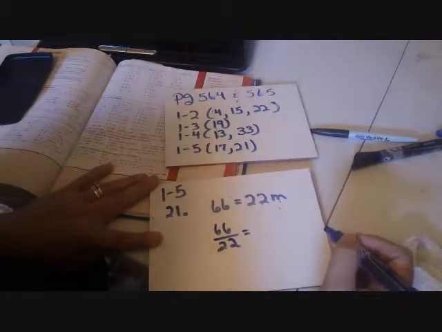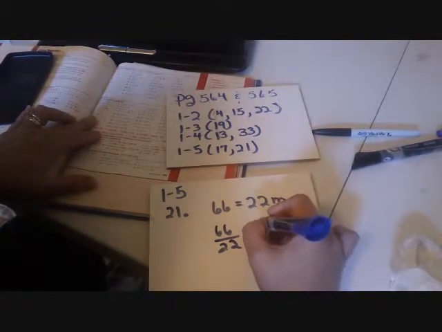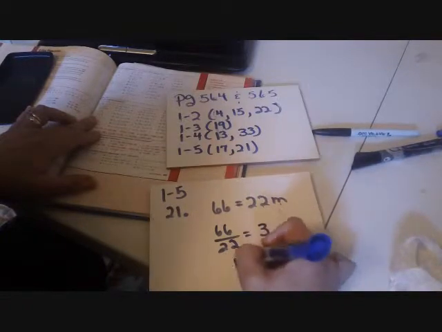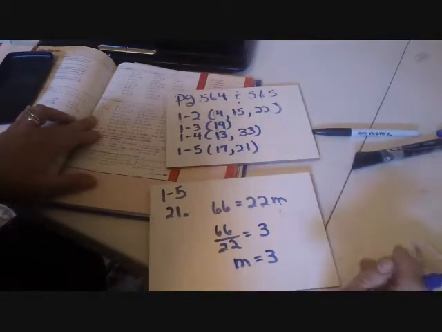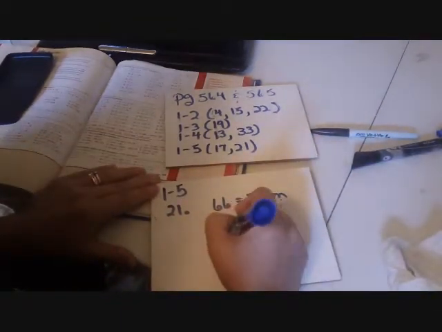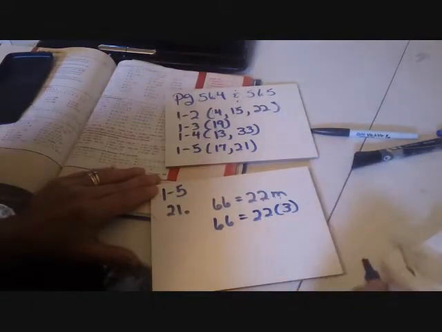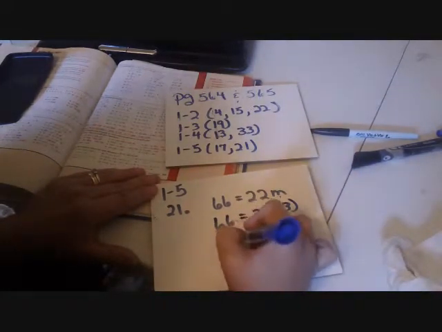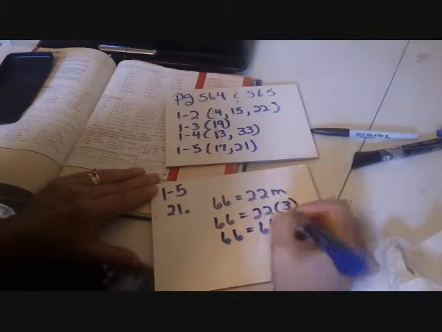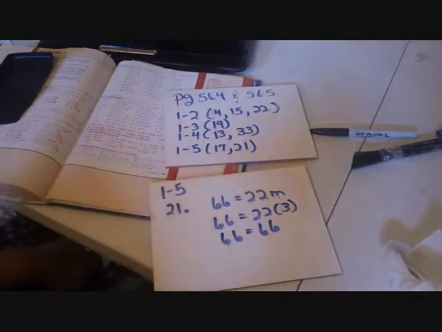So you ask yourself, okay, how many times will 22 go into 66? And you realize it goes 3 times. So m has a value of 3. And you can check this. Now that we know that m equals 3, you can ask yourself, if I plug that value in, is that true? And you realize real quick that yes, it is true, that 66 does equal 66.